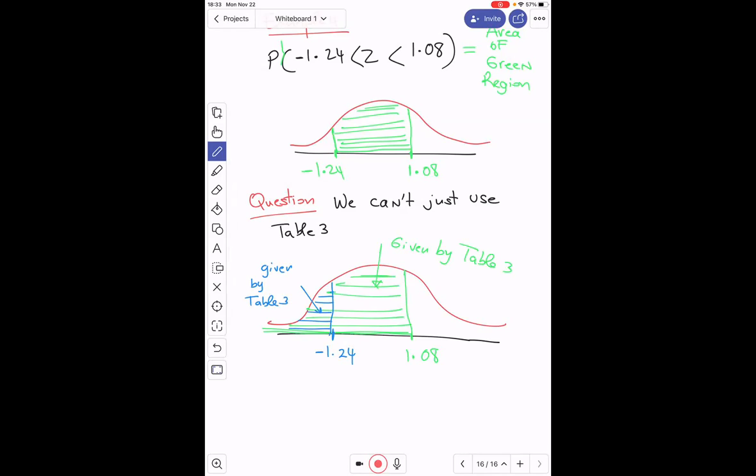Now you can see, guys, the difference between the two areas, the area to the left of 1.08 and the area to the left of negative 1.24, is exactly the area of the region between these two numbers.